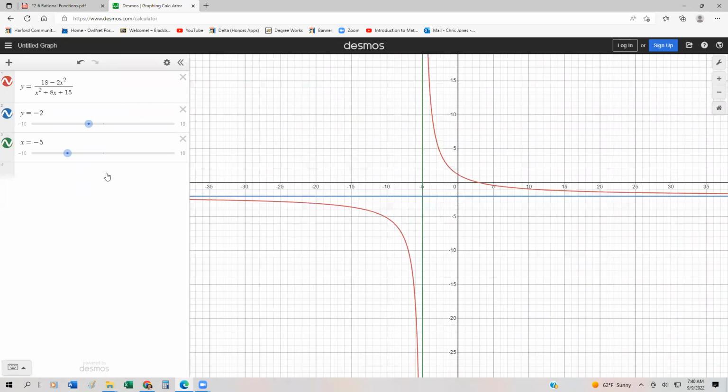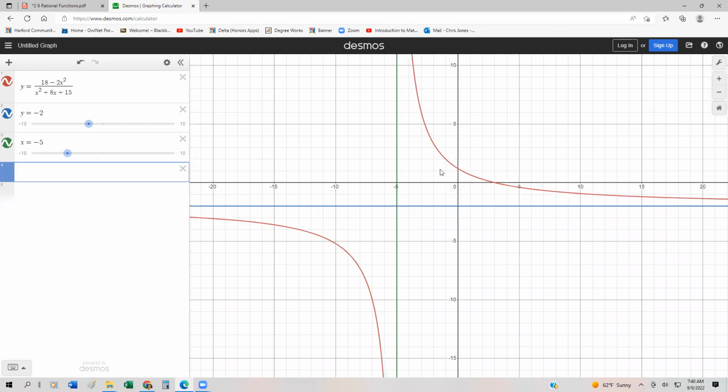All right, and then finally we had the point (-3, 6). Right, and so we see it right here. Now that's a hole. So that point on the graph does not exist. Now if I get rid of that hole, notice that we can't really see anything.